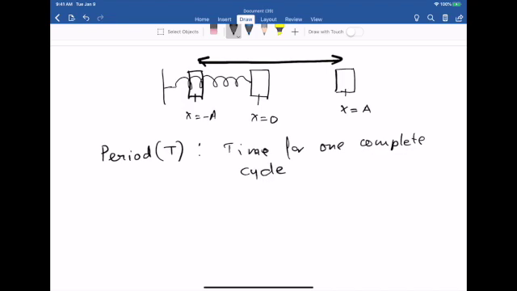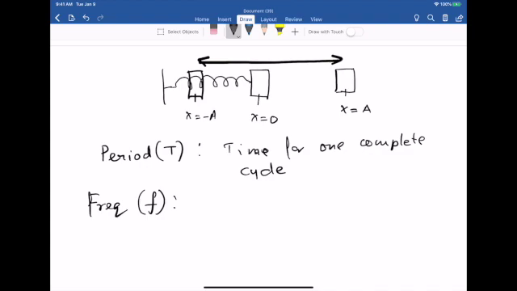Okay, what about frequency? Frequency is the number of cycles per unit time. So the frequency is just how many cycles it does per unit time. Suppose the system oscillates, and you're standing there with a stopwatch, and you count that in 10 seconds it oscillates 50 times.